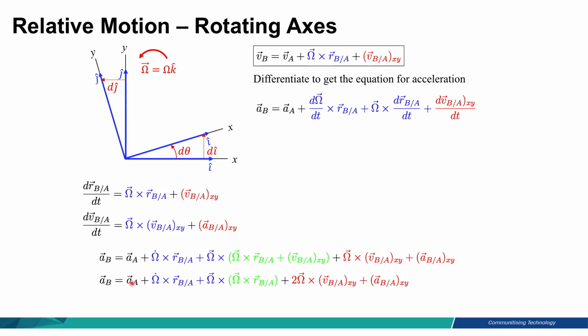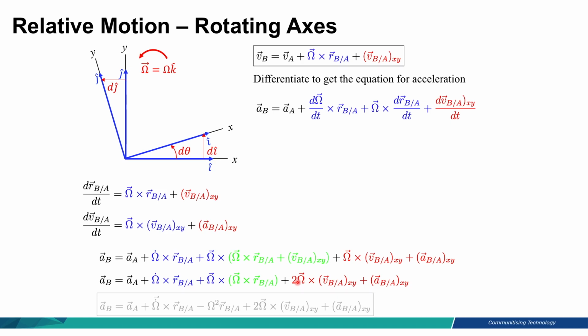AB is equal to AA plus omega dot cross rb/a plus omega cross omega cross rb/a. Now this omega here, we can then simplify it to get 2 omega cross vb/a xy plus ab/a xy. Okay, we bring this vb/a xy to this side here. That's why we get 2 times omega cross this.